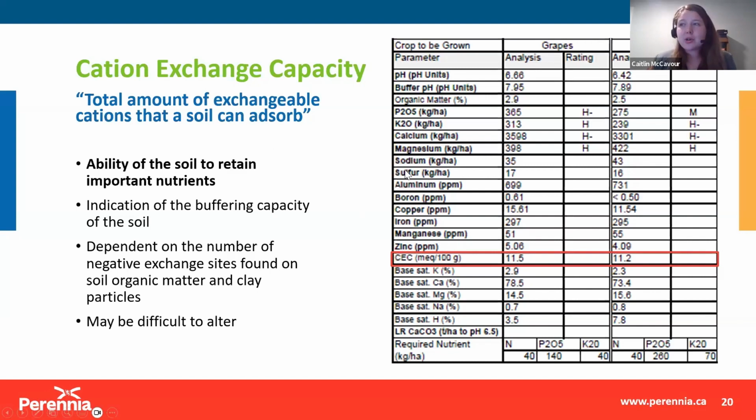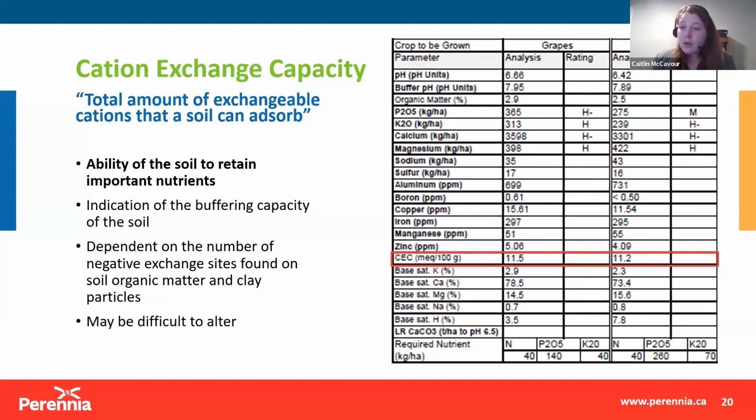It's defined as the total amount of exchangeable cations that a soil can absorb. So really, it's an indicator of the ability of the soil to retain nutrients. It's dependent on the number of negative exchange sites found. So you have your cations, such as calcium and magnesium, that are positively charged, that combine to these negatively charged exchange sites on clay particles and soil organic matter.